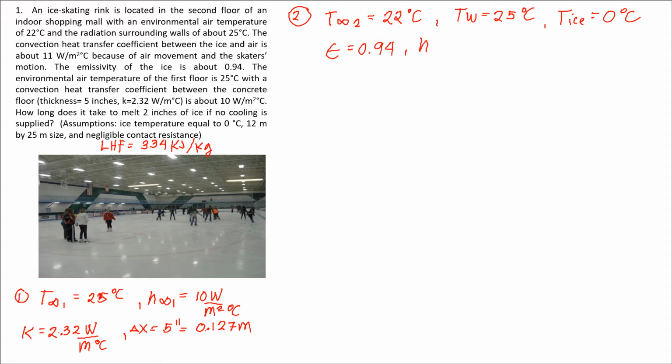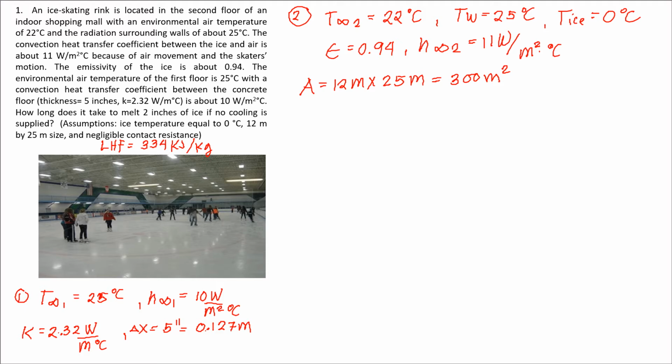The convection heat transfer coefficient of the second floor is 11 watts per meter squared per degree Celsius. And of course, the area, which applies to both second floor and first floor, is 12 meters by 25 meters. So this becomes 300 meters squared.